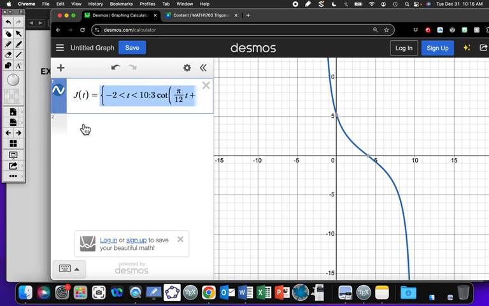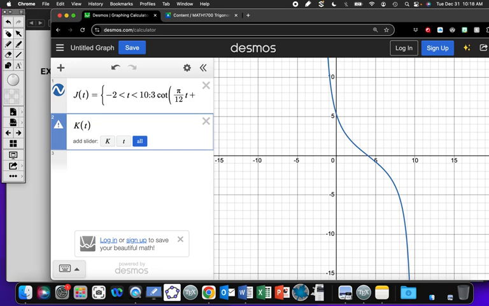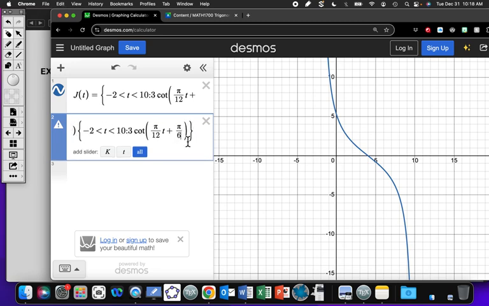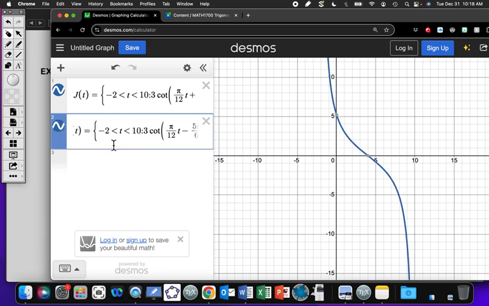Okay. Let's call this k of t, just to be a little different. Let's do minus 5 pi over 6. And let's make it a different color. Boom. All right. So once again, the graphs are indistinguishable. They represent the same function.